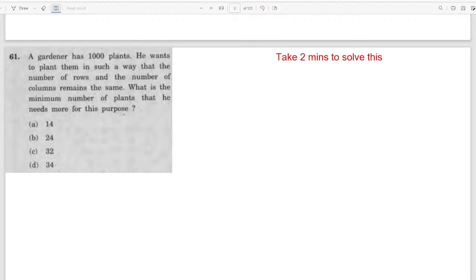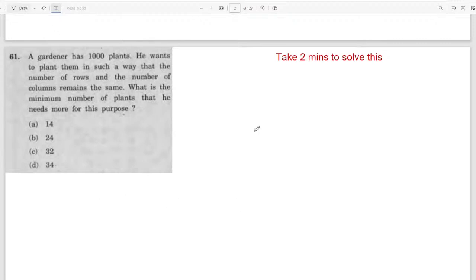Please post your answers, and people who have already solved and not yet posted your answers in the chat section, please post it. There are around 5 responses till now, and most of them are for option B, that is 24. So we'll see what they're asking.